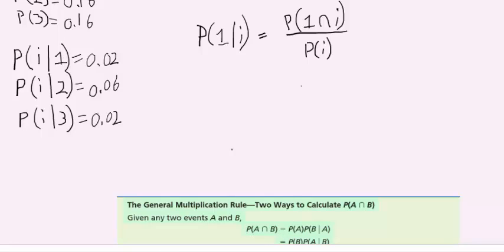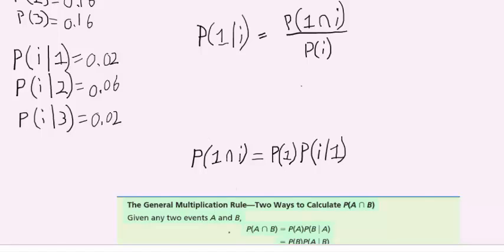Maybe pause the video and think about which pieces we have using this formula to calculate the probability of 1 and I. We have the probability of specialist 1, and we also have the probability of it being incorrect given specialist 1 computed it.